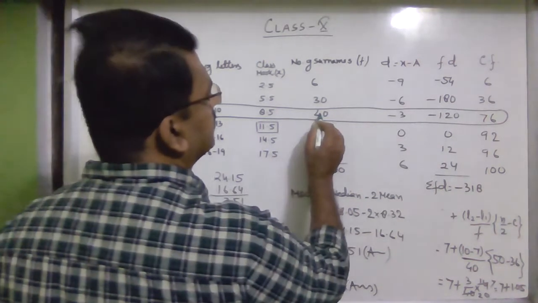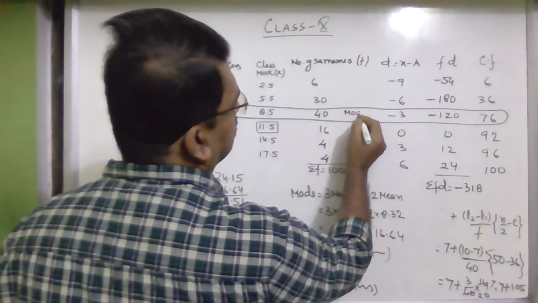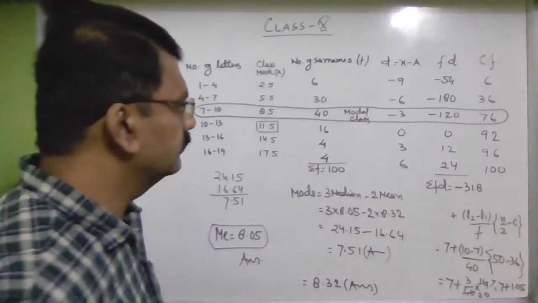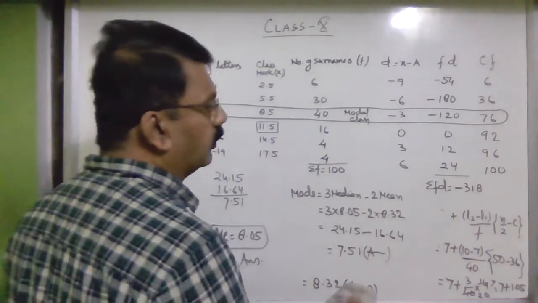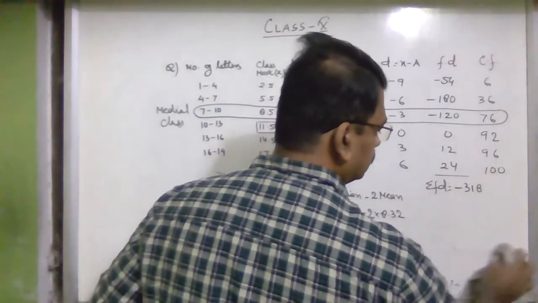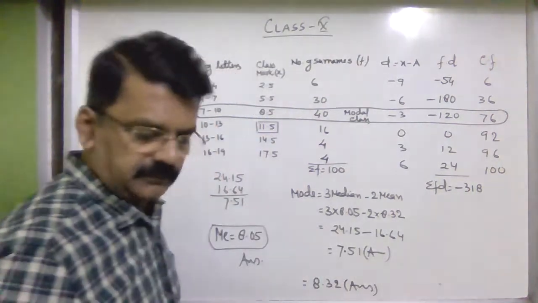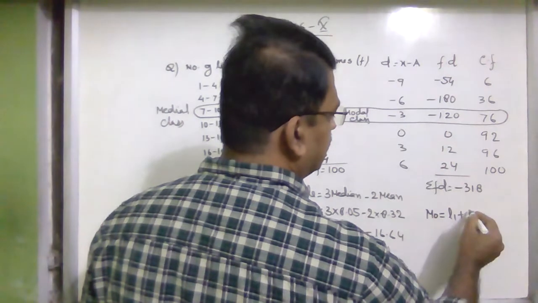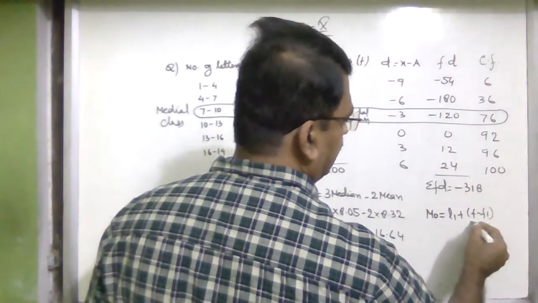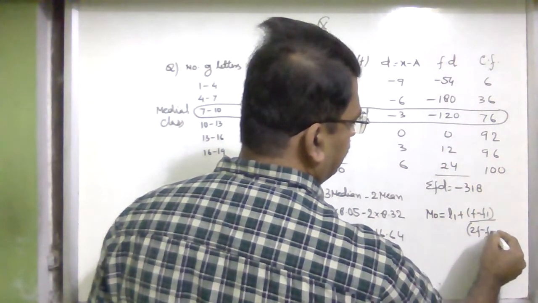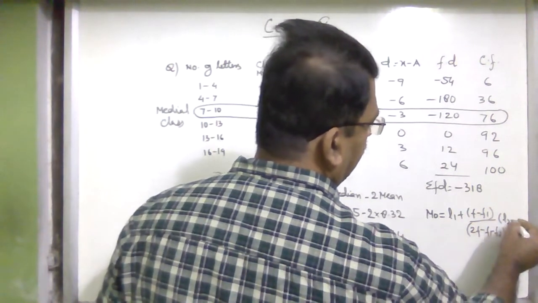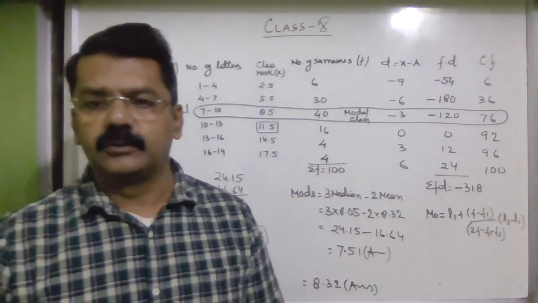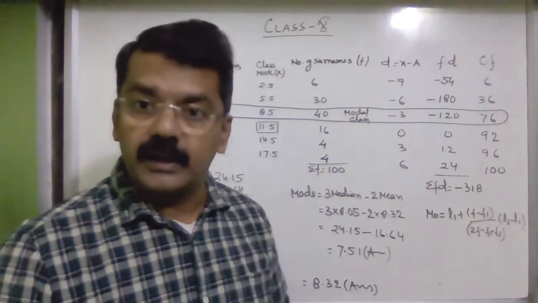Now the formula to find out the mode is equal to L1 plus F minus F1 upon 2F minus F1 minus F2 into L2 minus L1, where L1 and L2 are the lower limit and the upper limit of the modal class.